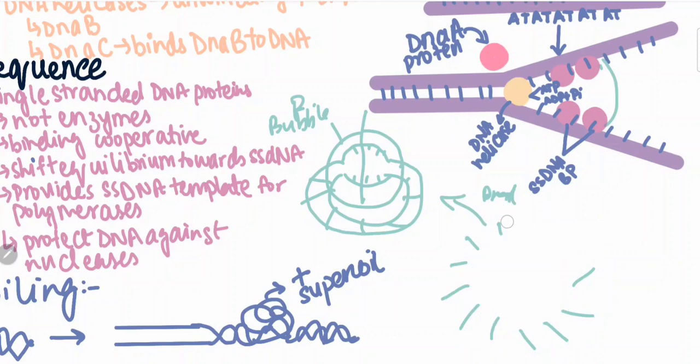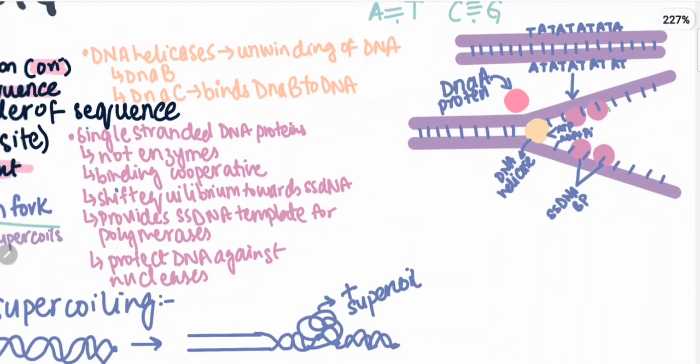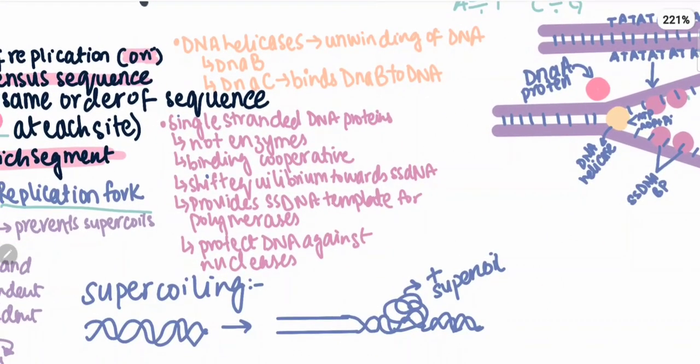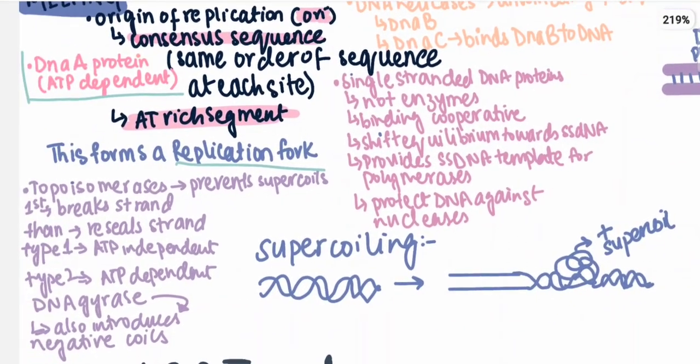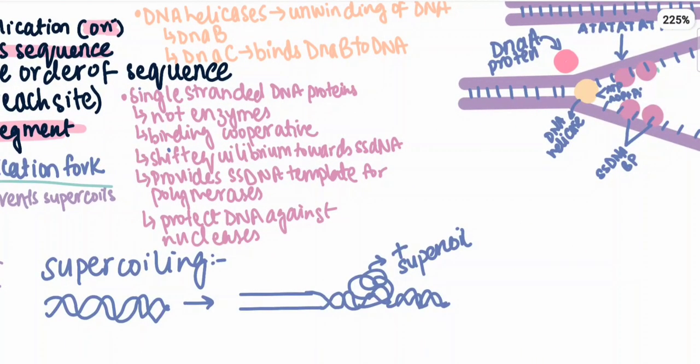Okay, that was some easy concepts to understand. Now we're going to get into the nitty-gritty stuff. Of course, it's not easy to just form a replication fork. There is going to be something that breaks these bonds. So we have definitely melted a small region. This melts only a small region of AT-rich segment.